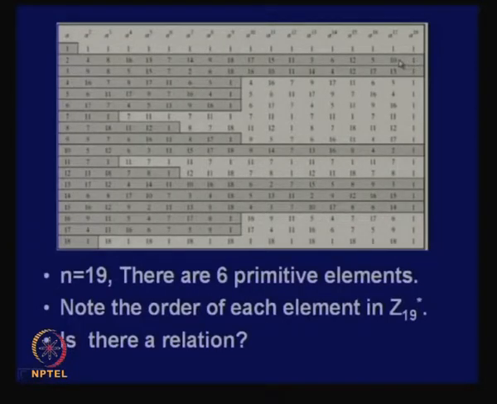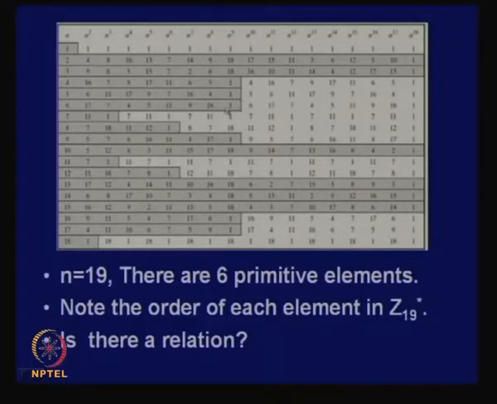Now all the elements in Zn star are generated here. So this alpha is a primitive element because it generates the entire group. There are also some elements for which the order is not equal to p minus 1, but smaller than p minus 1.